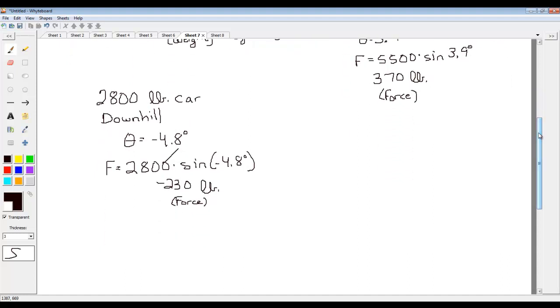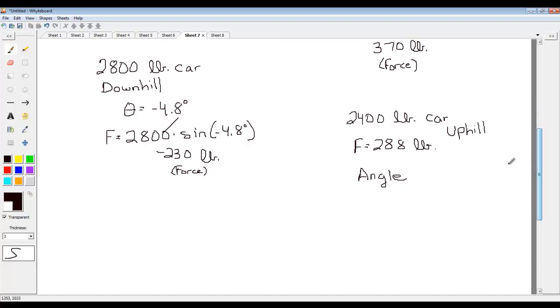Then another scenario: what if you know the car is 2,400 pounds and the grade resistance is 288 pounds, and they want you to find the angle of the grade. They also tell you it's going uphill, so you know it's going to be positive.